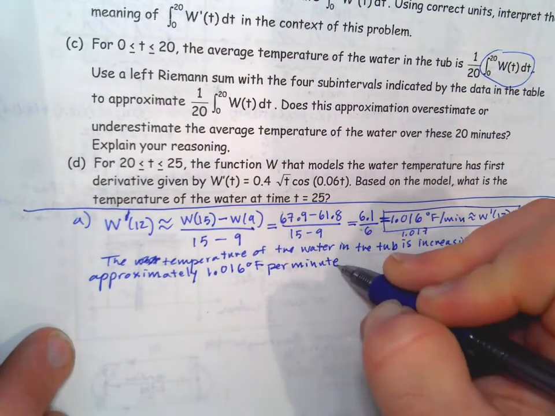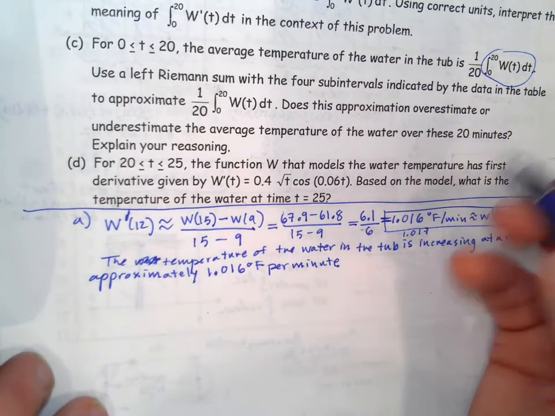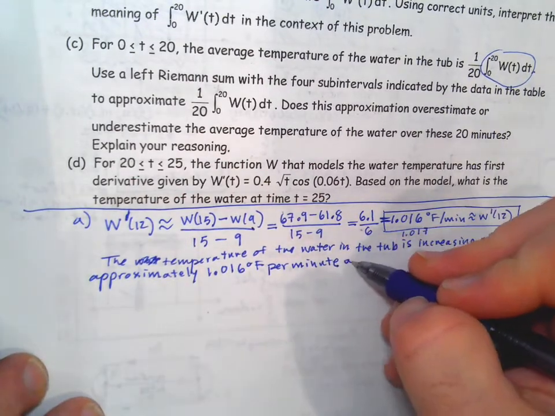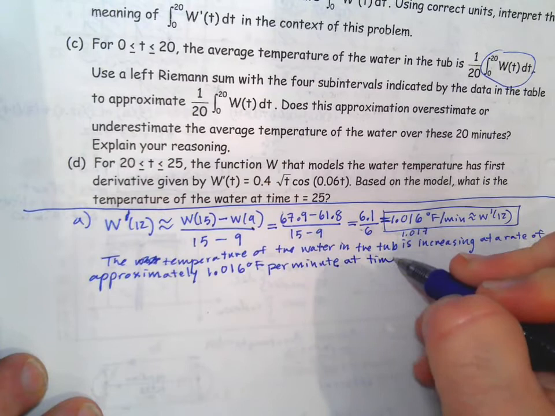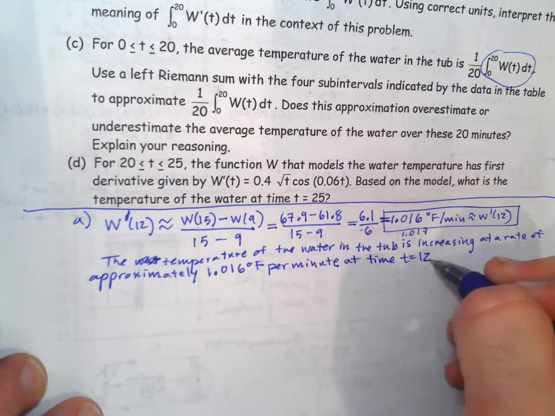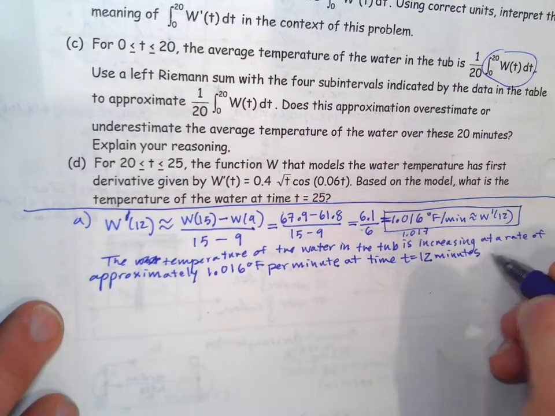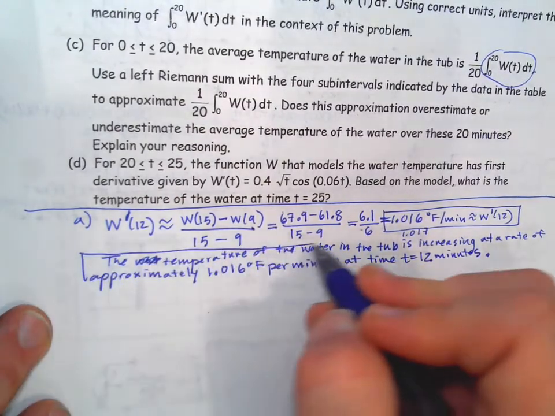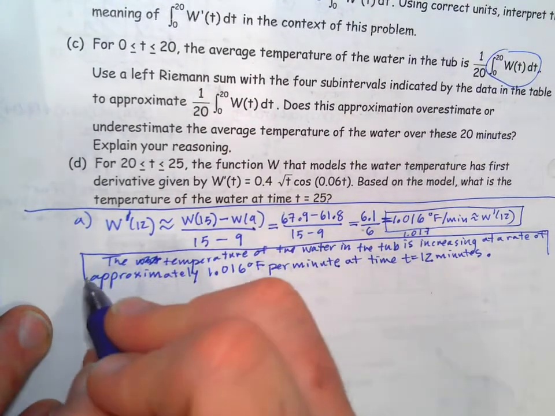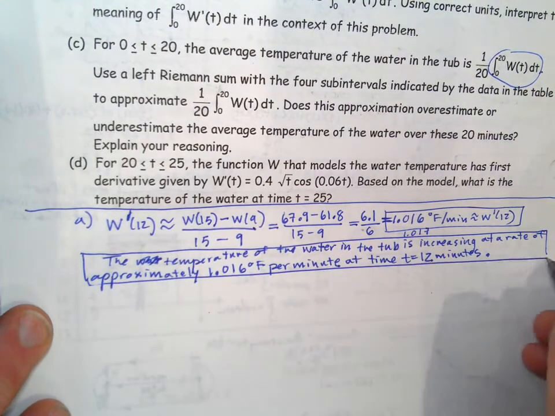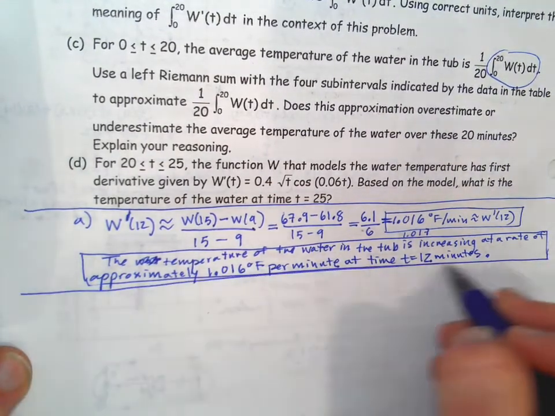Okay, that's not enough. You've got to say the time. At time t = 12, still not enough. Minutes. You need all of this: the context of the problem and correct units. That's what you need.